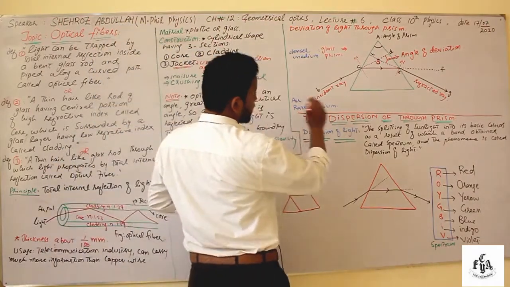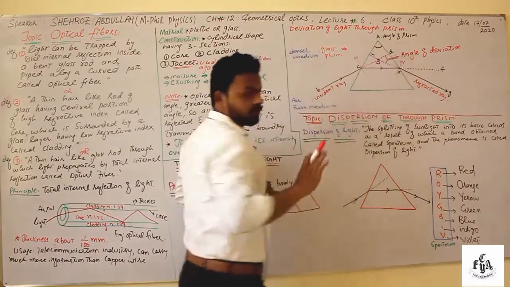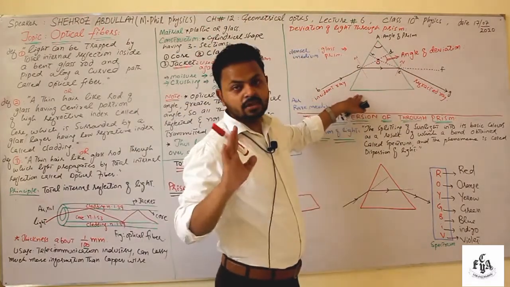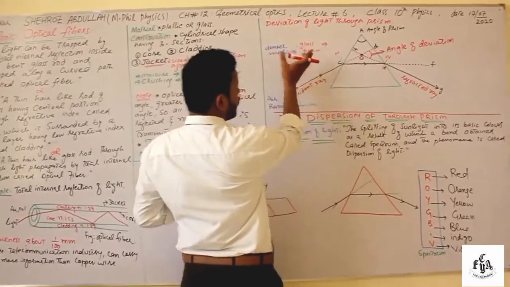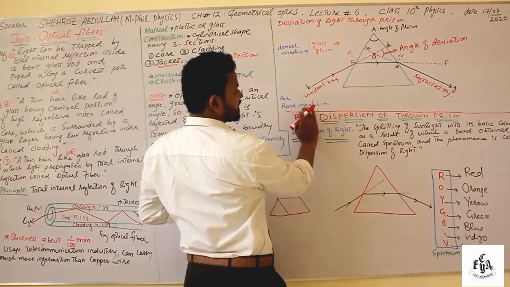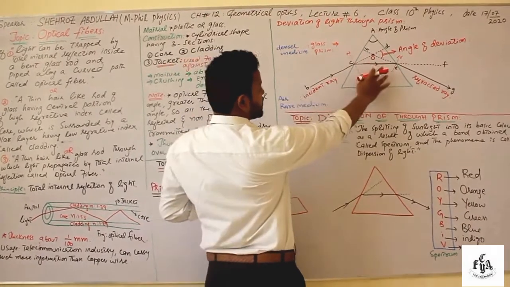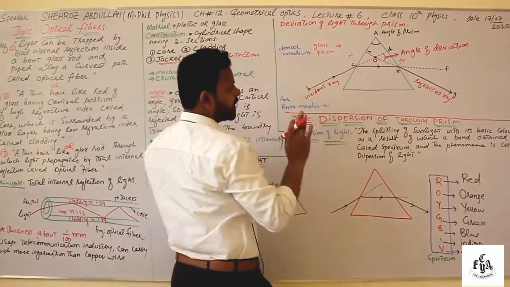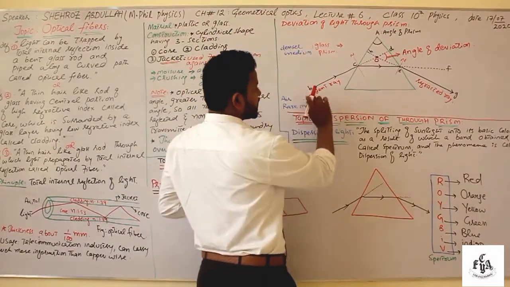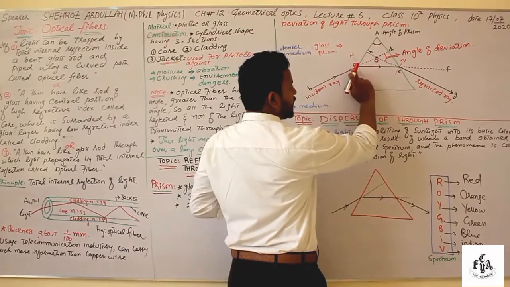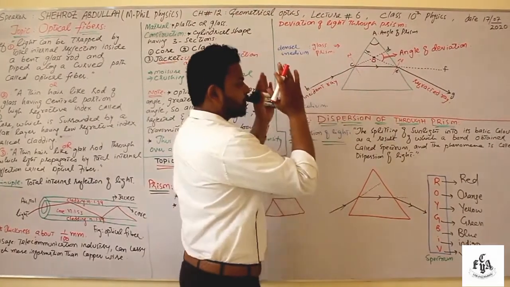Look over here, this green color is the glass prism. Outside we have air. Air is considered a rarer medium and the glass prism is considered a denser medium. Now what is happening over here? An incident ray BC is coming and striking the prism.